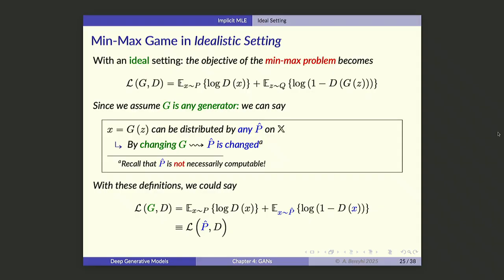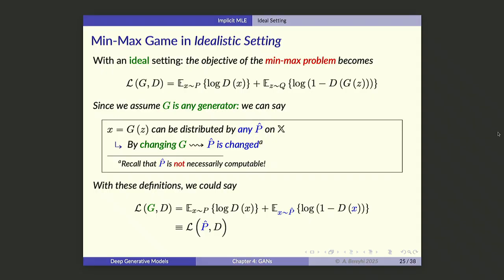Okay, that sounds good. One point that I forgot to mention is that this P hat term is exactly the guy that I told you we cannot compute, right? You remember when we wanted to compute the output distribution, we couldn't necessarily do it, because you didn't have the inverse. But it doesn't mean that you cannot think of it existing.